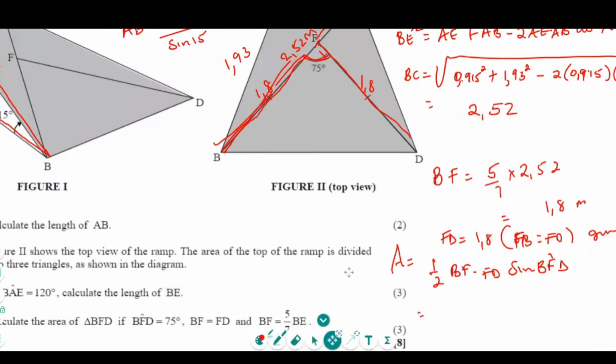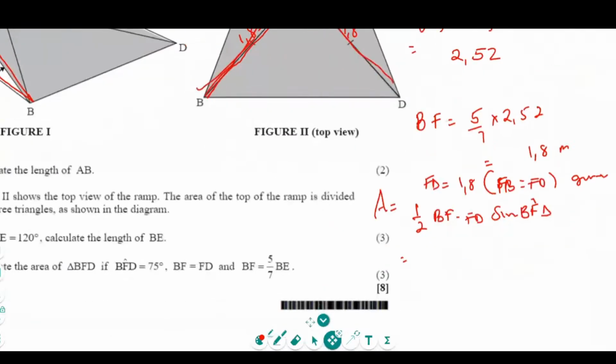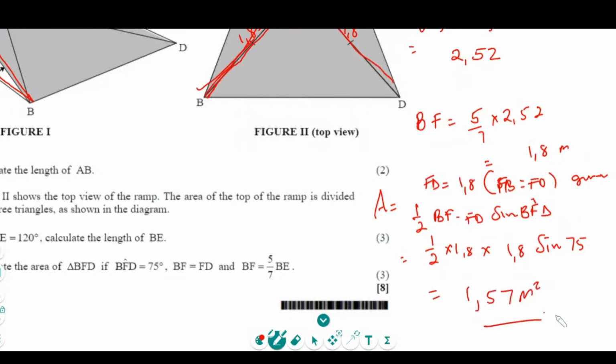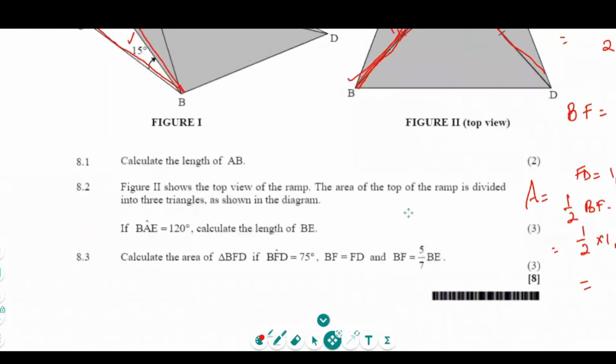Then if we do the substitutions, it's going to be a half times 1.8 times another 1.8, and then the sine of 75. And then I'm getting 1.57 meters squared.